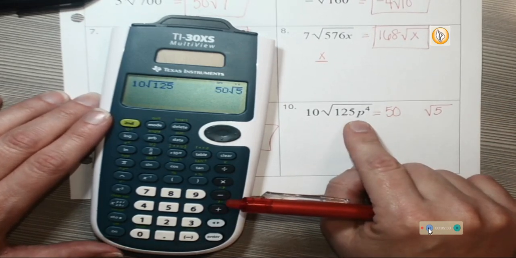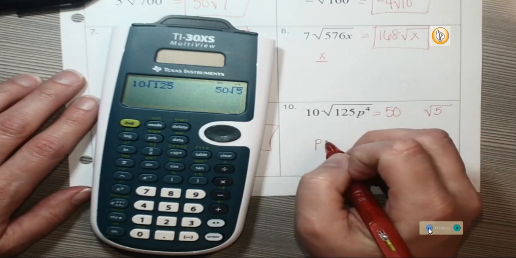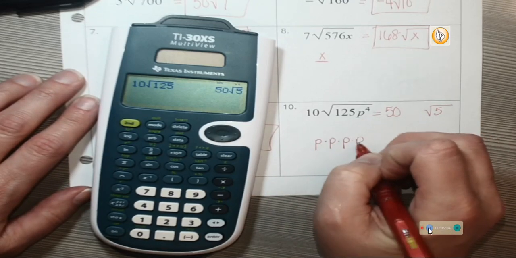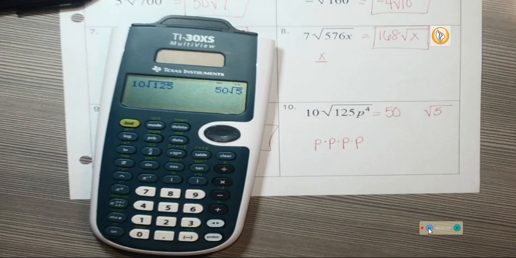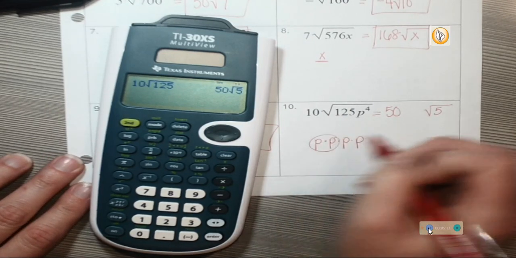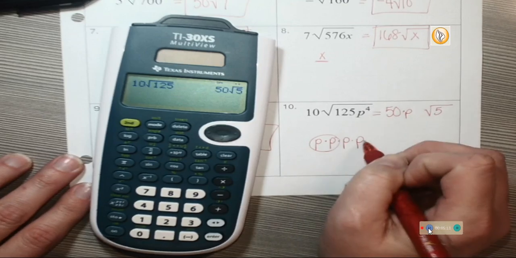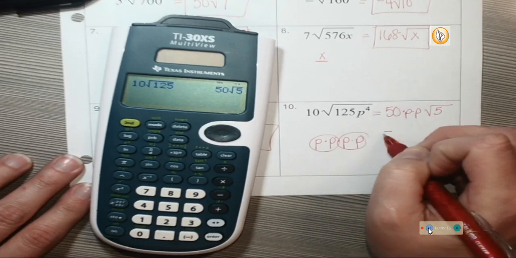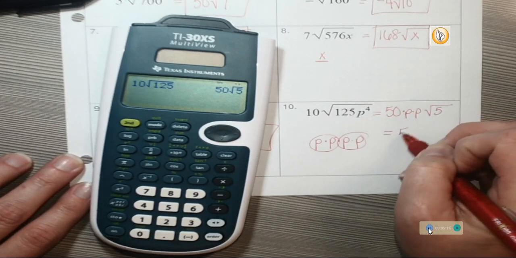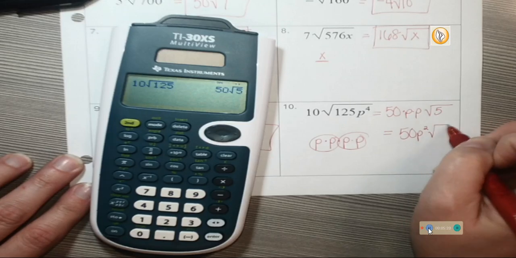How many P's will I write down? 4 times. Now, what do I circle? Groups of 2 at a time because this is a square root. So this P goes to the party, and this one goes to the party. And what will that simplify to say? Square roots of 5.